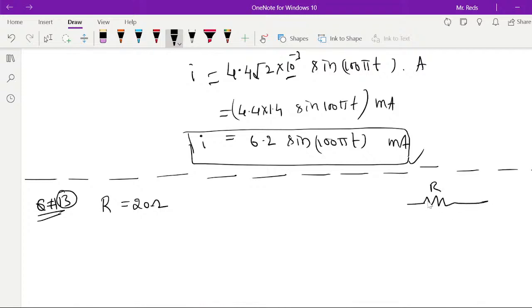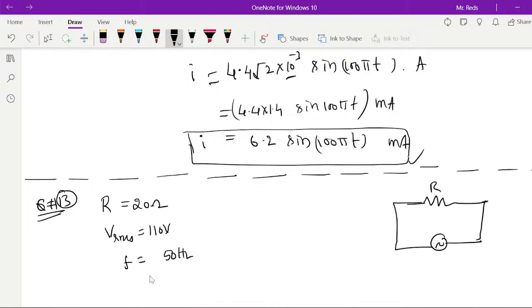This is a resistor of resistance R, connected to an AC source. The readings are given as 110 volt and 50 hertz, right? So 110 volt is the voltage rating, which is nothing but the RMS voltage. VRMS is equal to 110 volt and its frequency is given as 50 hertz.